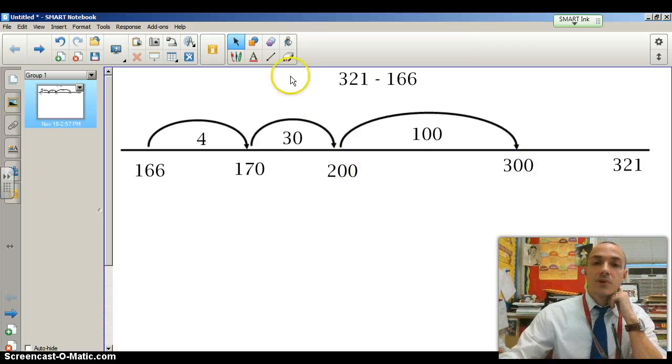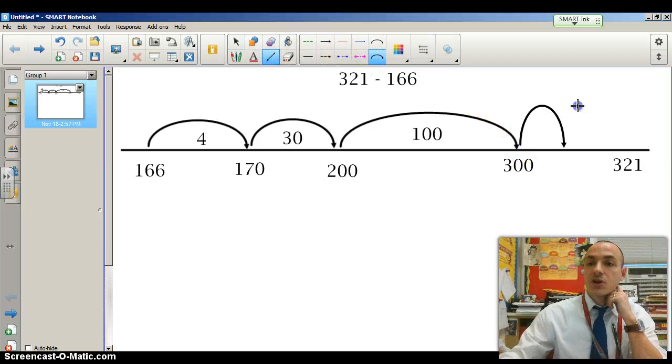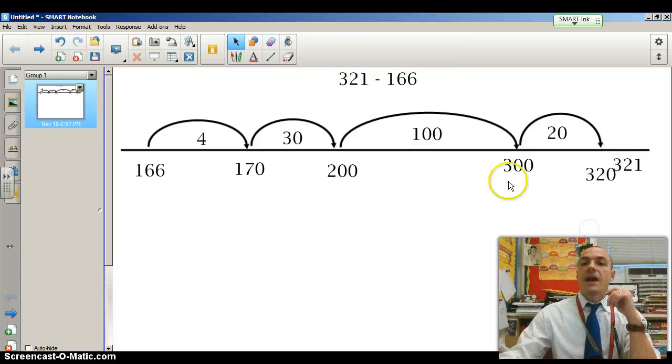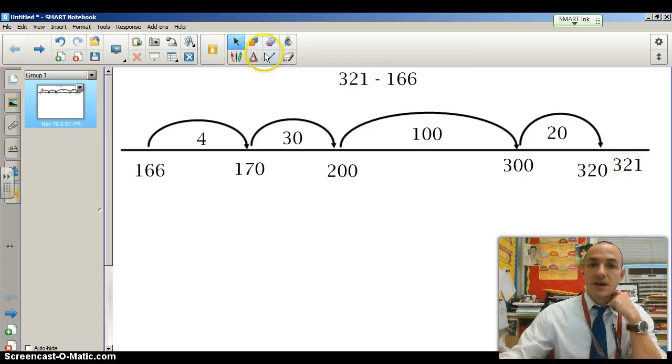And now I can jump 20 to get to 320. And then I only have to jump one more time to 321.